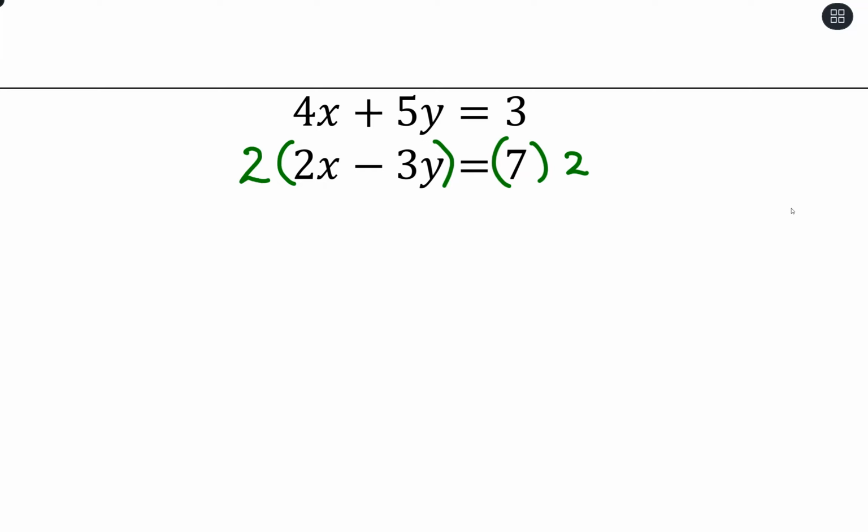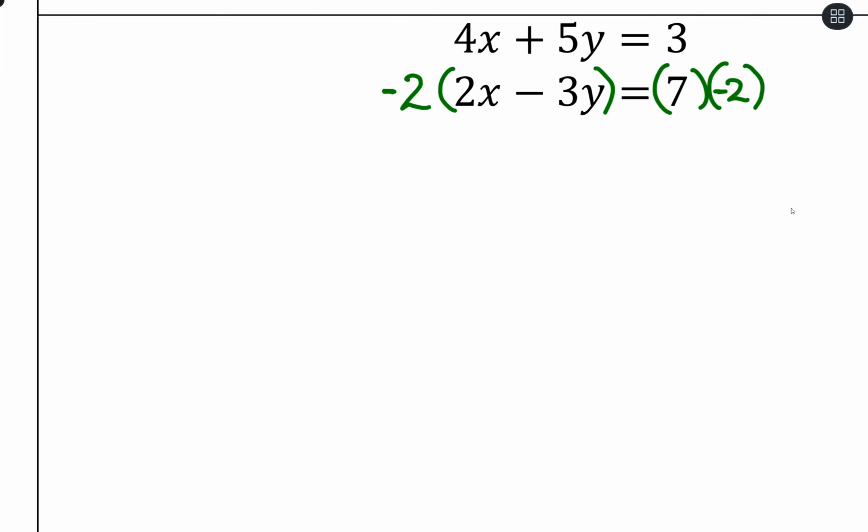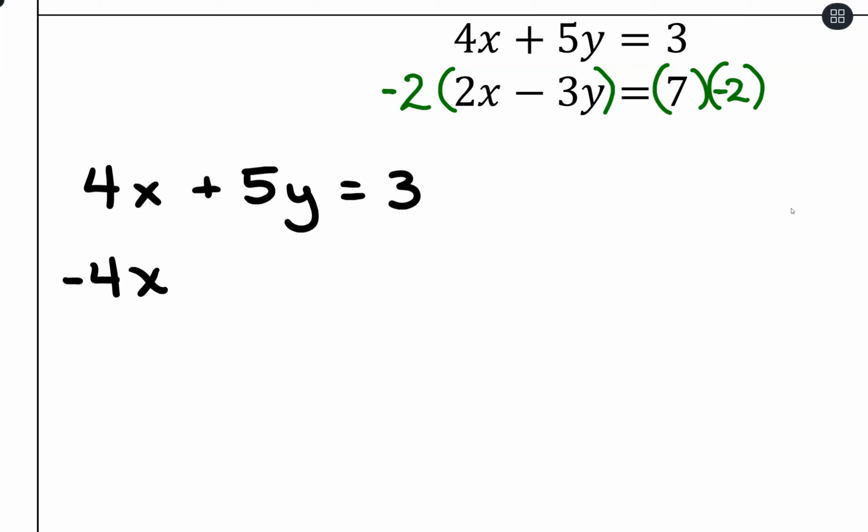So while I'm multiplying by 2, where that's going to make a positive 4, let's go ahead and actually make this a negative 2 so that it'll change the sign. So we'll have that 4x plus 5y equals 3 staying the same. But then down below, we distribute the negative 2, so that'll be a negative 4x plus 6y equals negative 14.